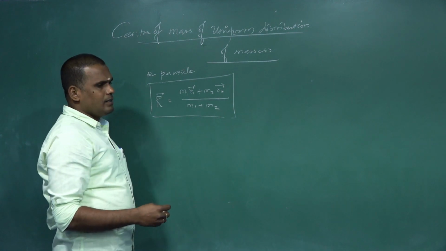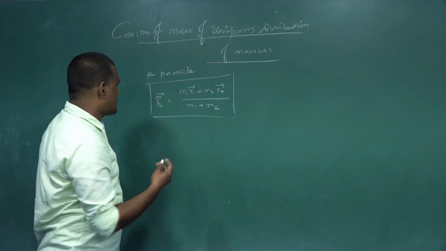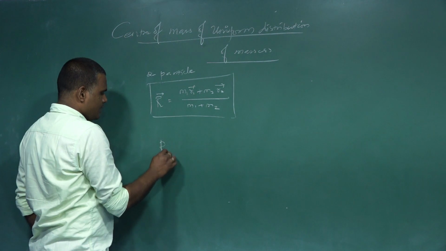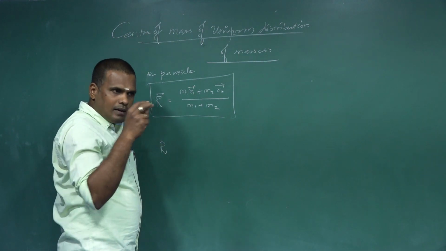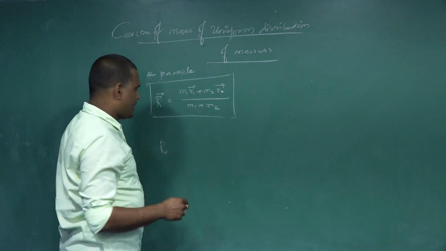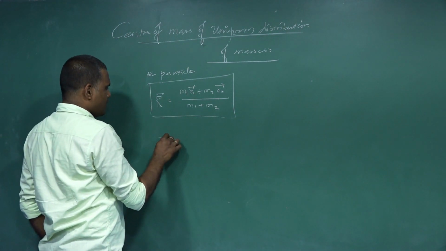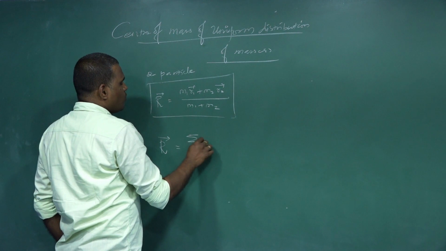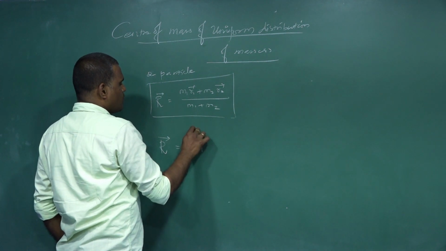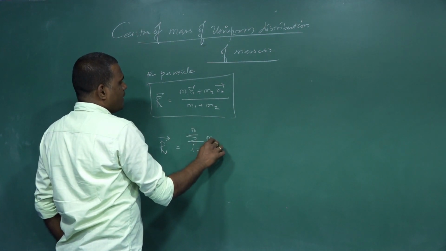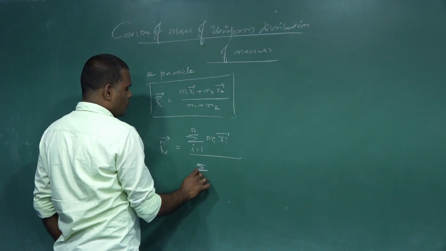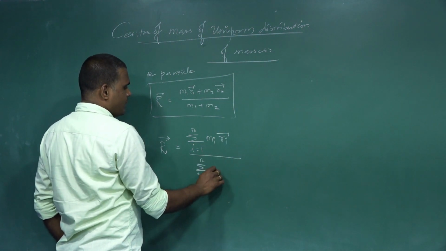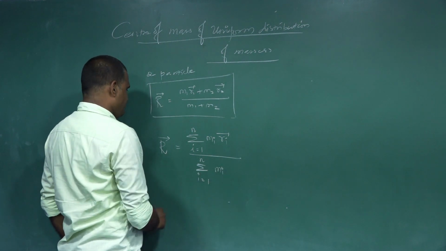The more general form of the expression for the position vector of the system containing n particles can be given as r vector is equal to sum over i equals 1 to n of mi ri vector divided by sum over i equals 1 to n of mi.